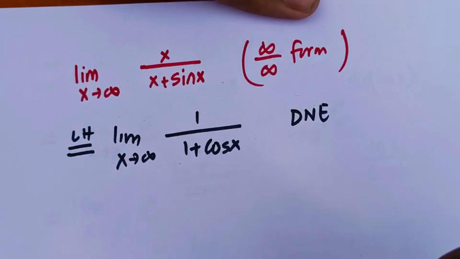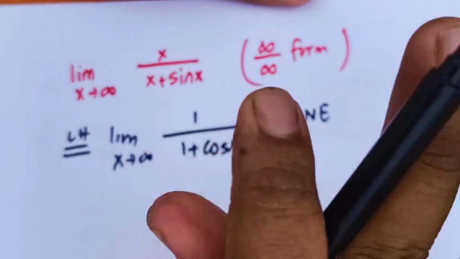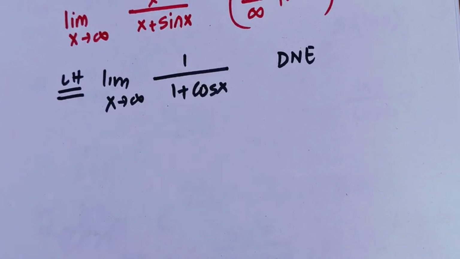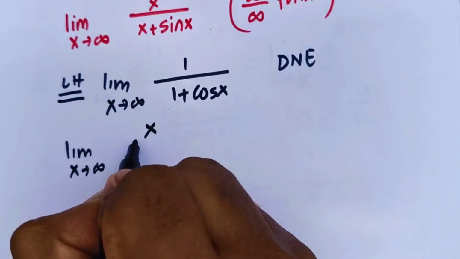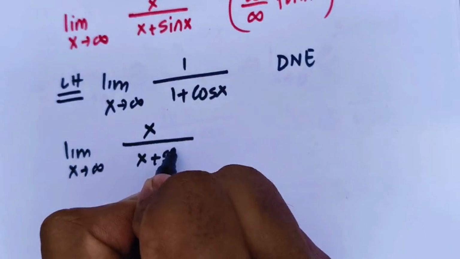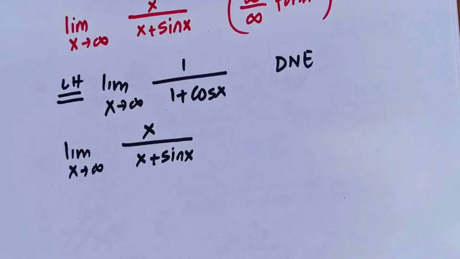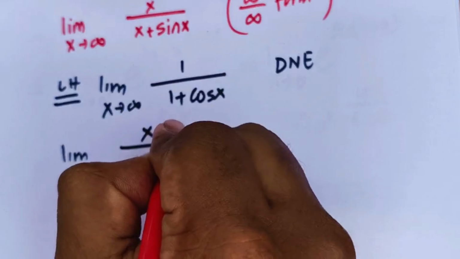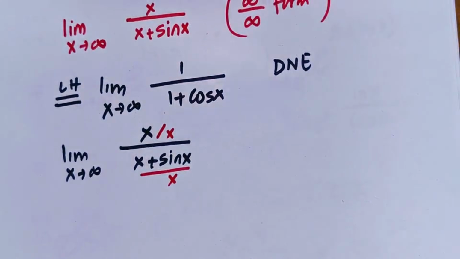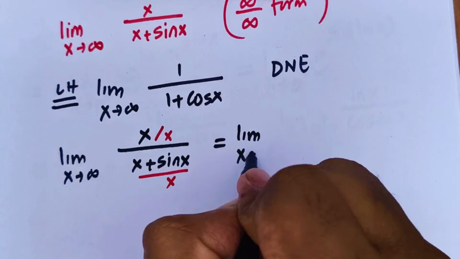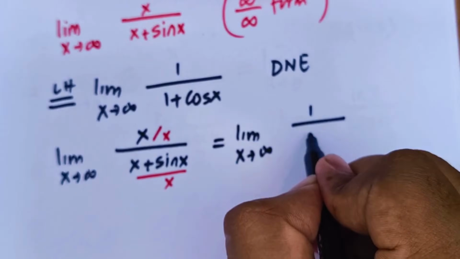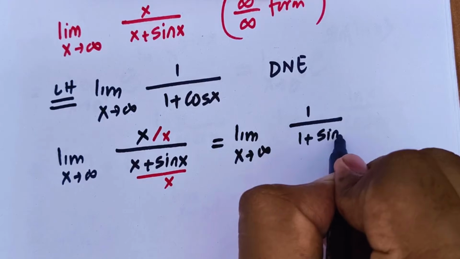But there is a mistake. This limit actually exists. How? See, limit x goes to infinity of x over x plus sin x, just divide top and bottom by x. What you get is limit x goes to infinity of 1 over 1 plus sin x by x.